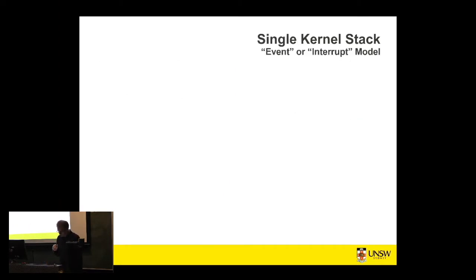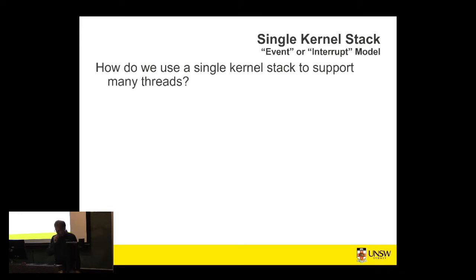Okay. So let's have a look at the alternative, the single kernel stack model. Basically, how do we use a single kernel stack to support multiple activities at the same time? So let's use the OS/161 standard kind of Unix model as an example here, and rephrase that question slightly.